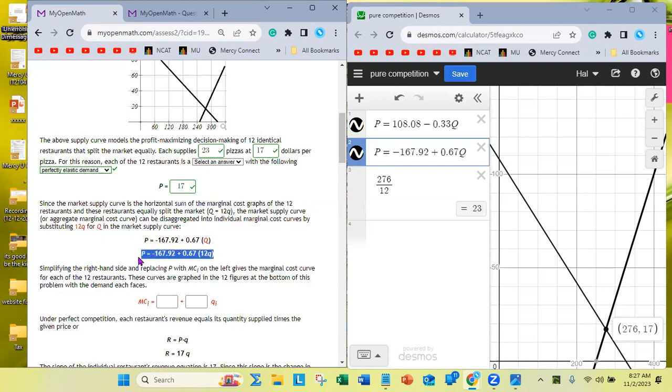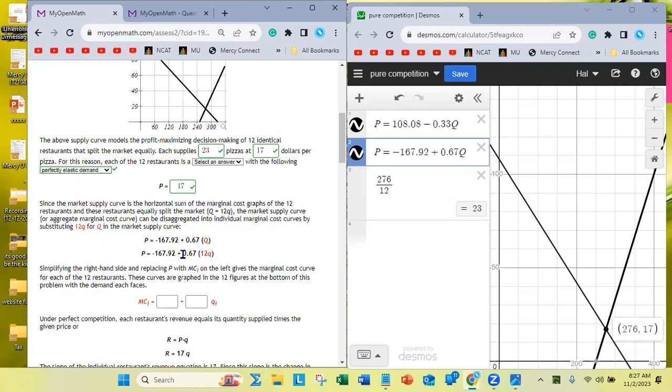This is the individual supply curve, which is also the individual firm's marginal cost curve. Notice it has the same intercept as the market supply curve.